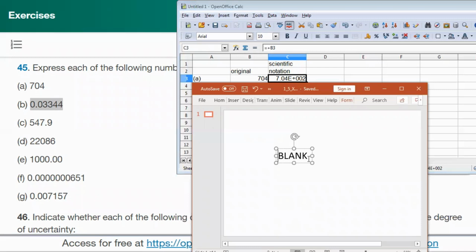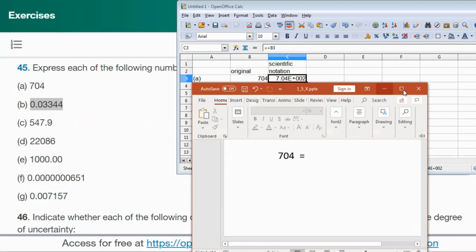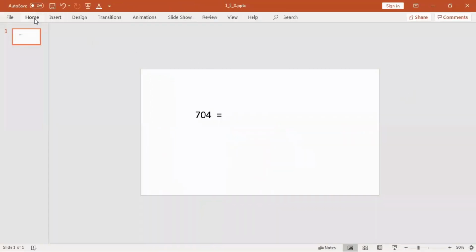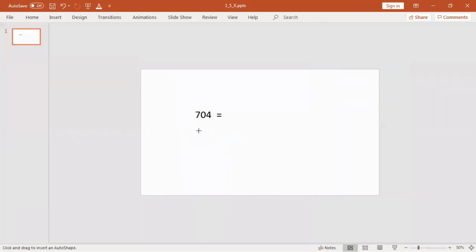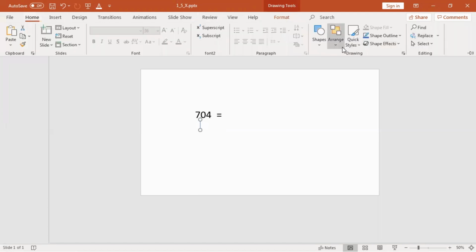So if we have 704, what we do, let's see if I could do this with shapes. What we want with scientific notation is to have only one digit to the left of the decimal point. So that's the goal.